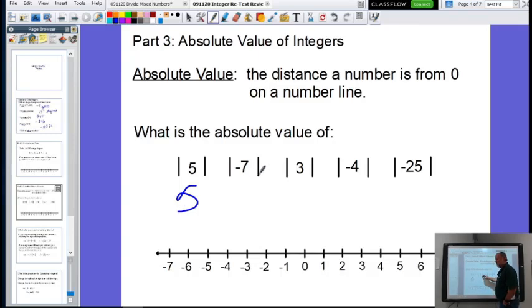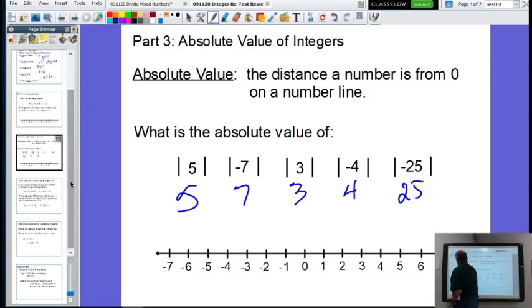What's the absolute value of -7? How far is -7 from 0? 7. Again, I don't care which way, just how far. How far is 3 from 0? 3. How far is -4 from 0? 4. How far is -25 from 0? 25. Notice every single answer is positive. Please make sure when you're doing absolute value that your answers are always positive.